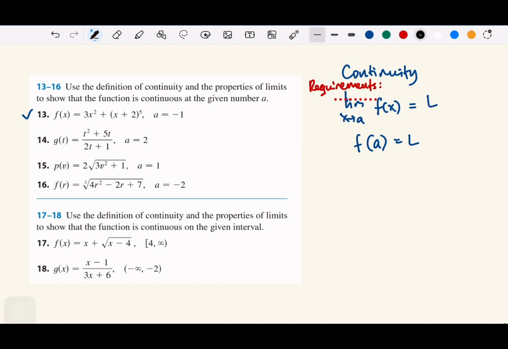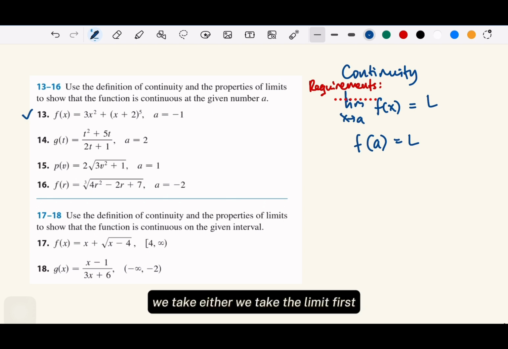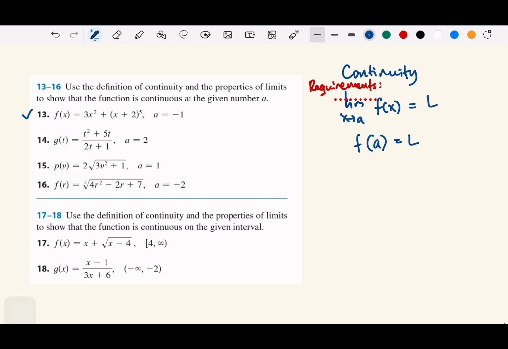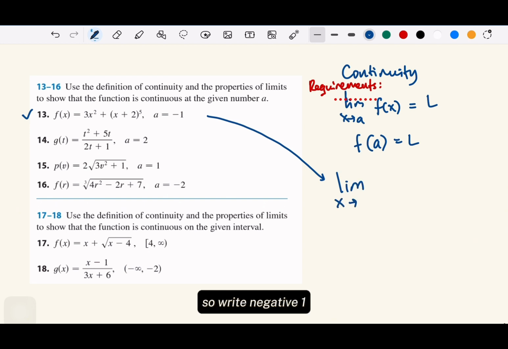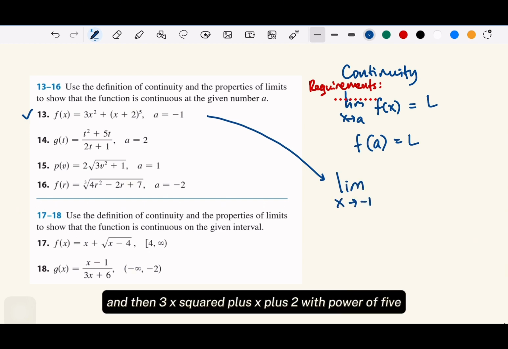So first, we take the limit first or take the functions. Same thing, so we can take the limit first. The limit as x approaching a is -1, so write -1, and then 3x squared plus x plus 2 with power of 5.